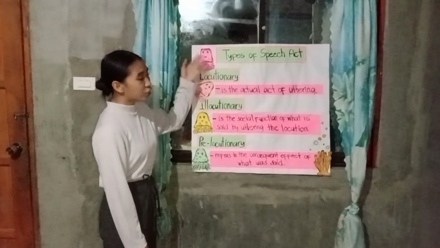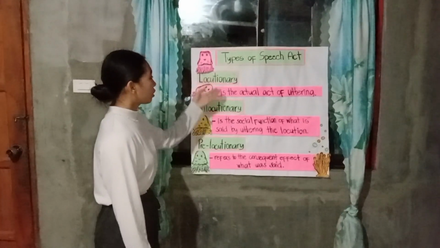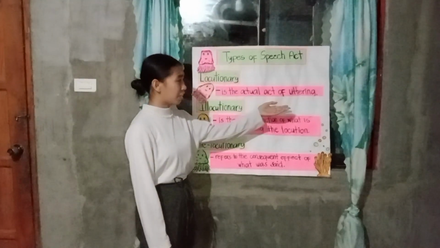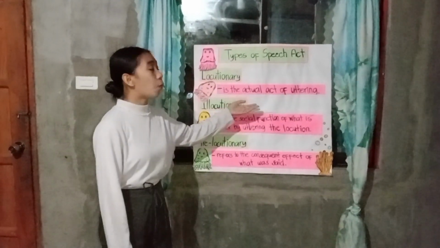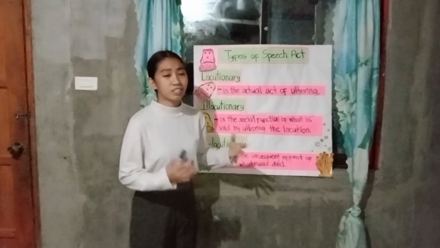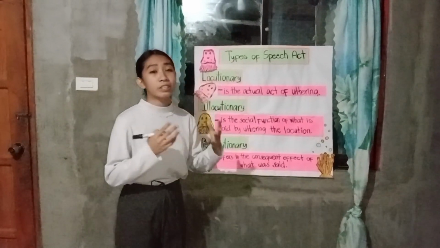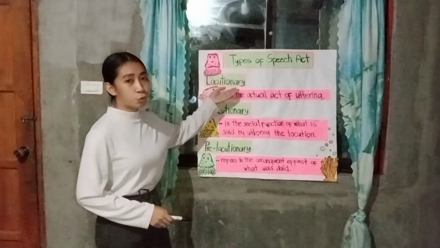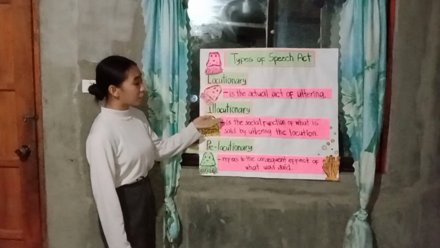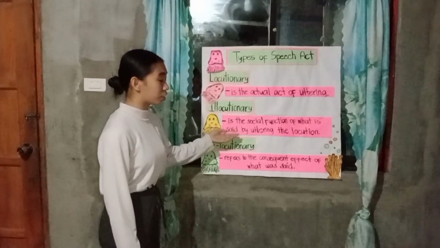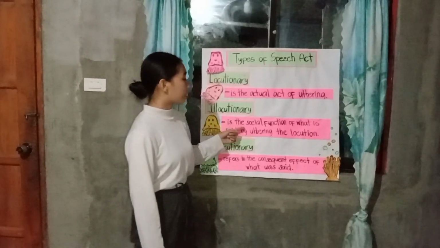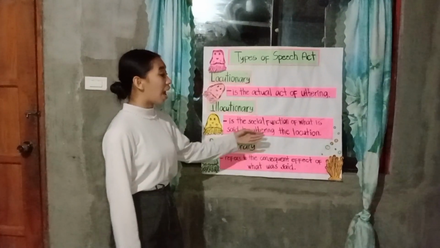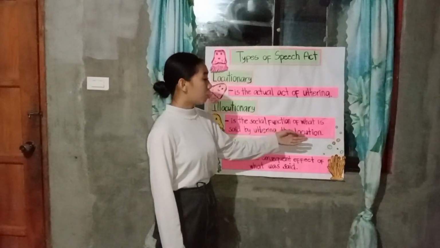Based on our definition, locutionary is the actual act of uttering, meaning it is what we are saying. For example, the words that come out of my mouth are the locutionary. Illocutionary is the social function of what is said by uttering the locution.